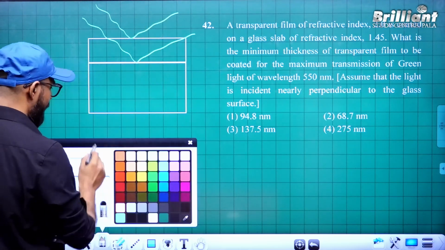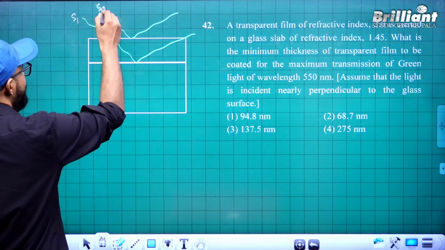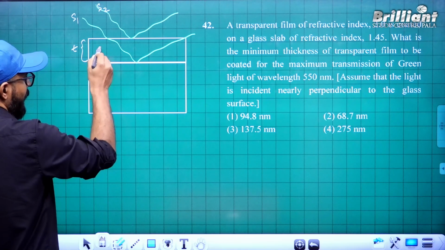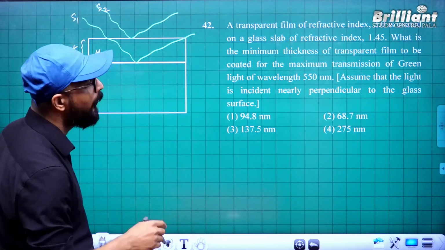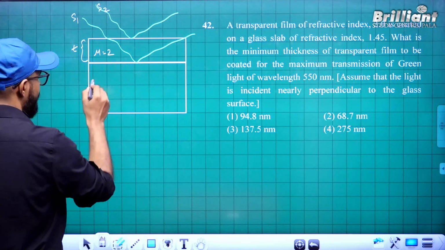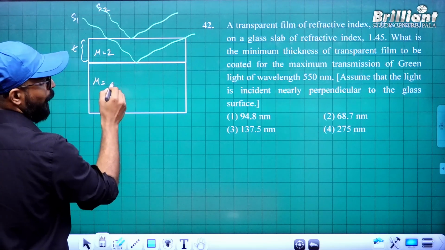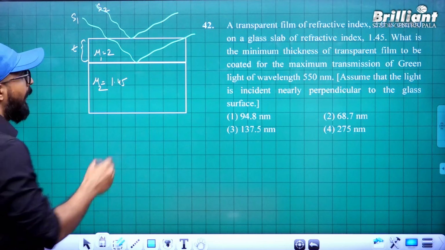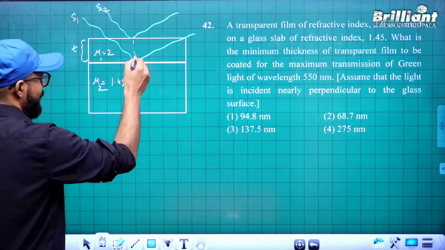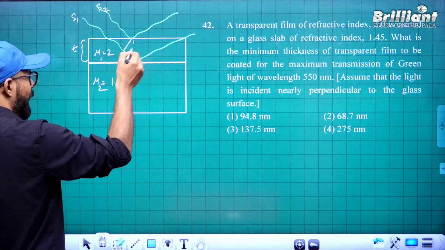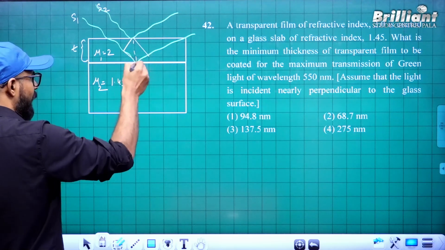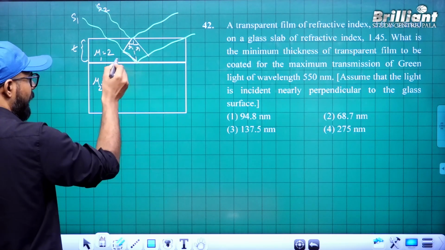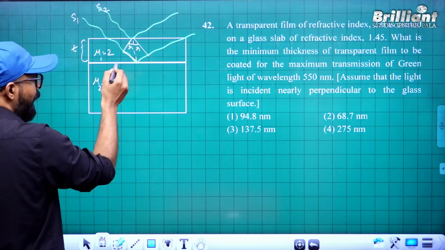So the condition would be this. Let me say that this is going to be source S1 and this is S2. And the thickness over here is t. The refractive index is mu, which is equal to 2, and this is equal to 1.45. Let us call them mu1, mu2. And let us find the answer. If I draw a perpendicular over here and a perpendicular over here, and this angle is r, this part is going to be the thickness.